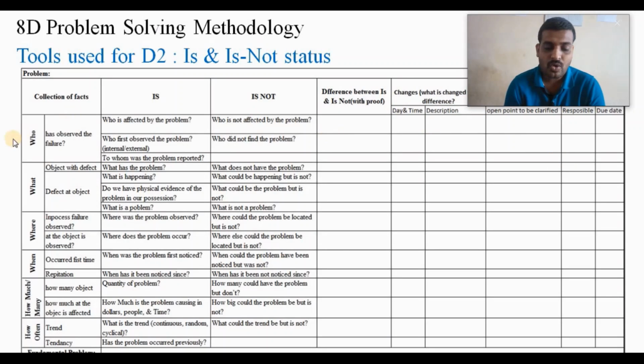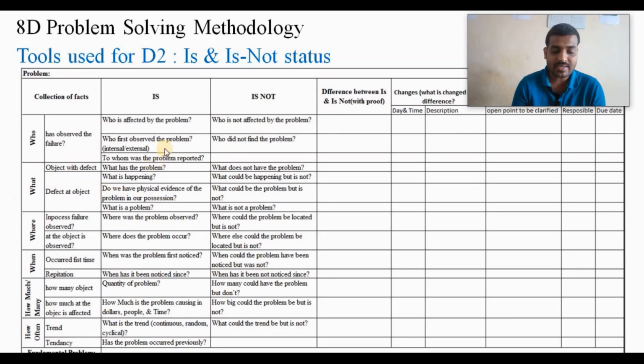With this, what you have to do is take the is and is-not status of, like you can see here, who has observed the failure, who is affected by the problem and who is not affected by the problem. Then who first observed the problem, who did not observe the problem.